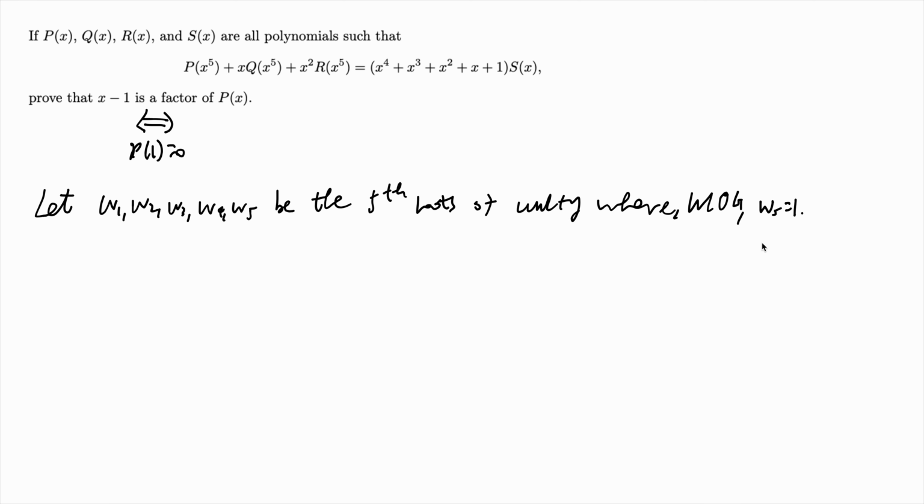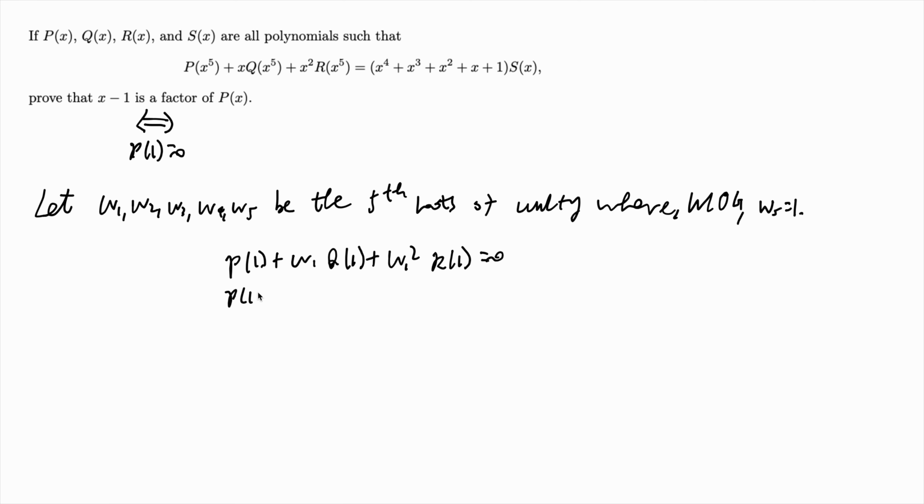And after that, then we could start substituting. Let's substitute omega sub 1. Omega sub 1 to the power of 5 equals 1 by construction, plus omega sub 1 cubed, plus 1, plus omega sub 1 squared equals, and this is the sum of all the roots of x to the power of 5 equals 1, and by Vieta's formula, it's equal to 0.